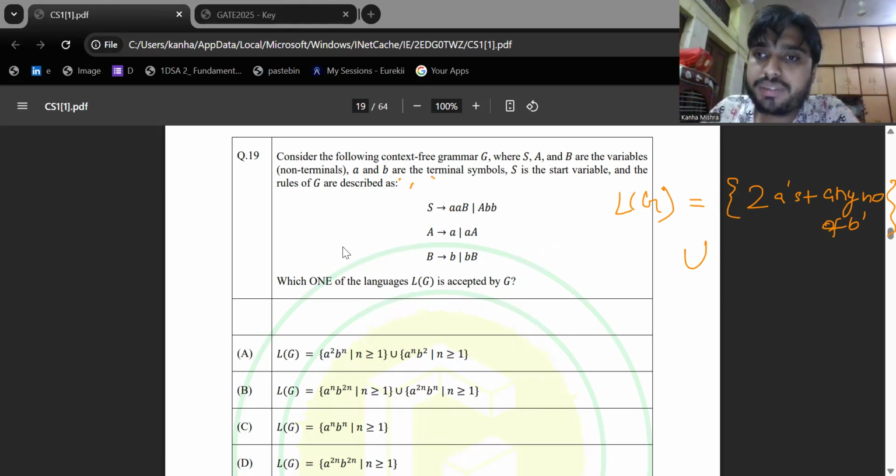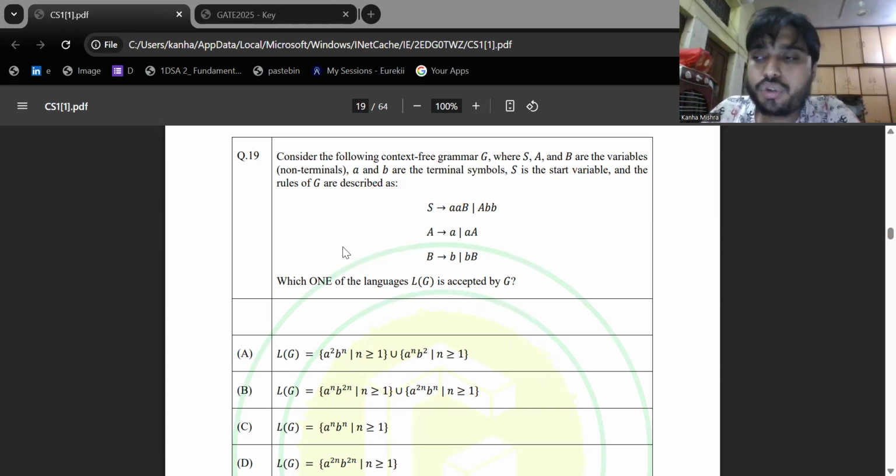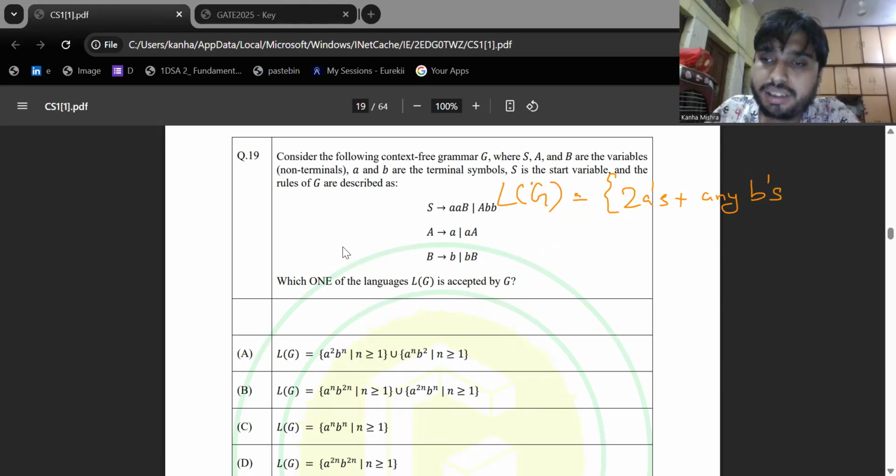So A union B. If you know set theory, the size of set A union B is the size of set A plus the size of set B minus the size of A intersection B. So the language of the grammar can have a plus any number of b's, union, any number of a's, greater than or equal to 1, obviously, plus two b's.